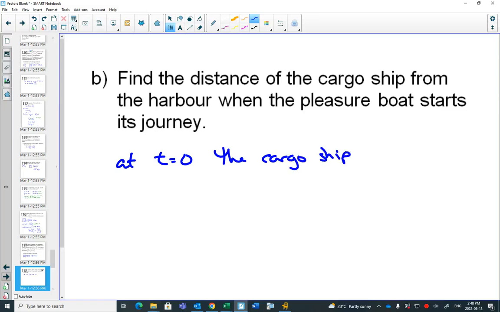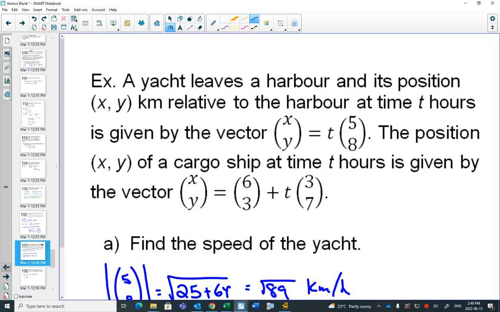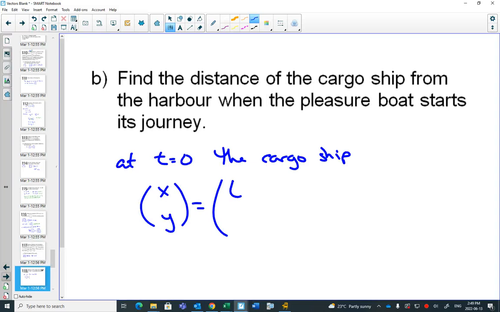So, what is the distance of the cargo ship from the harbor when the pleasure boat, the yacht, starts its journey? So that would be at time equals 0. Where's the cargo ship? Well, we can put in 0 for t into the cargo ship's equation, and we would be at (6, 3). How far is (6, 3) from (0, 0)?